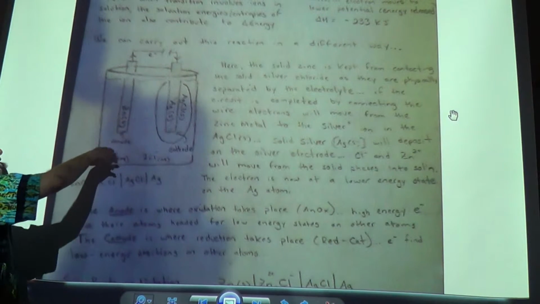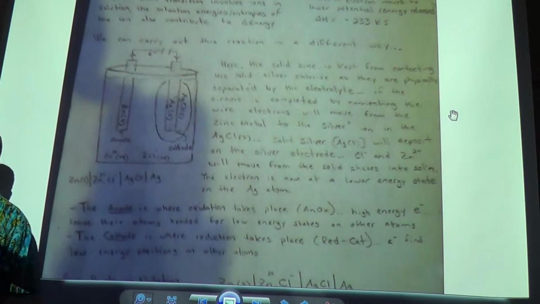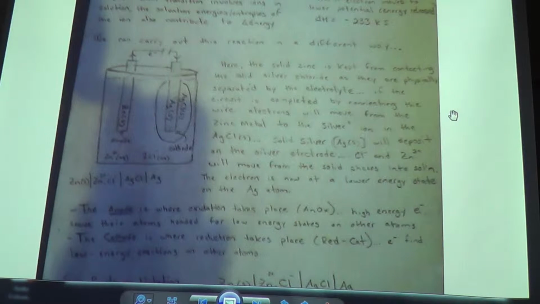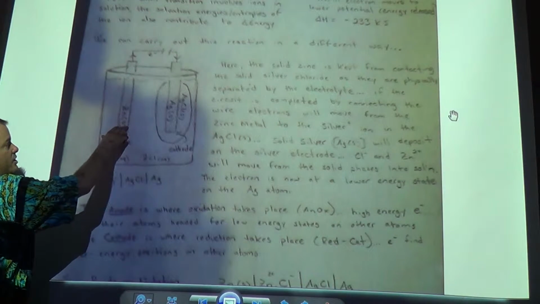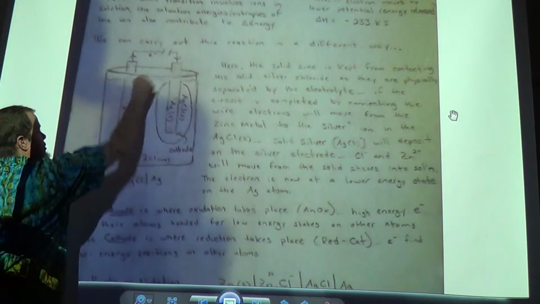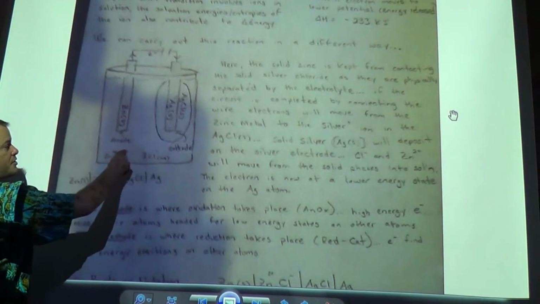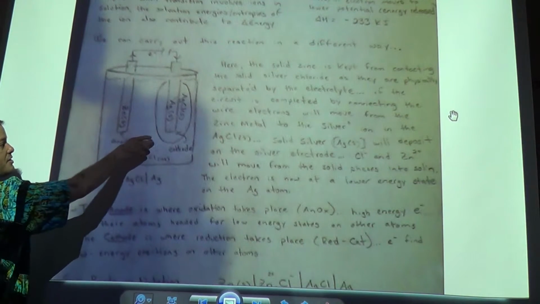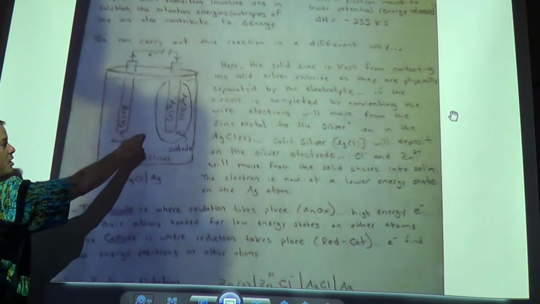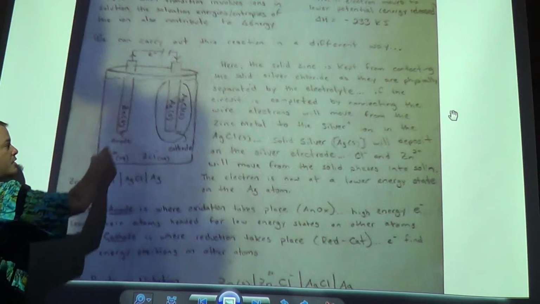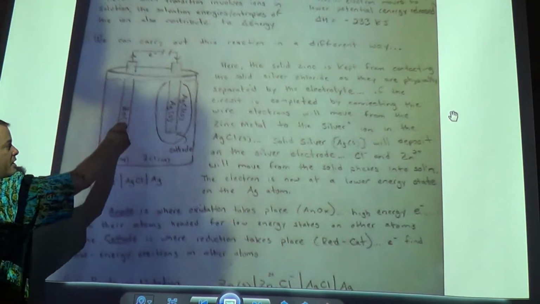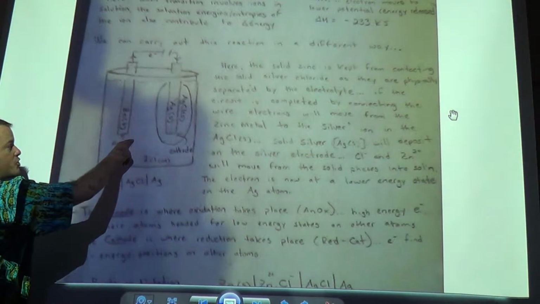So the zinc is the thing that you can envision having that excess of negative charge on it, right? That excess of negative charge, if you don't allow current to flow, will cause positive ions in this solution to move towards it. And so you'll have an excess of negative charge here, an excess of positive charge here.